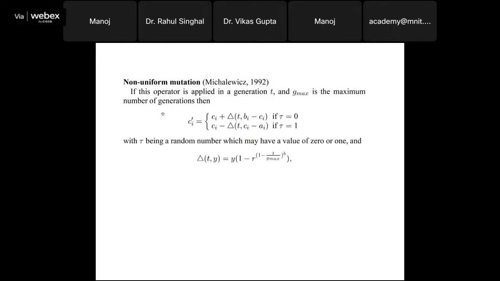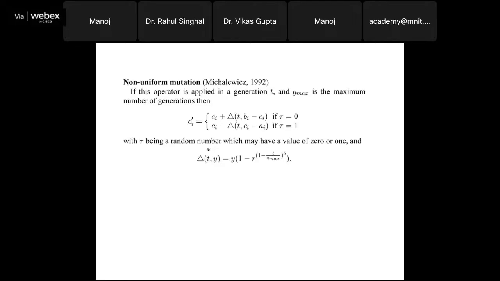A very fascinating idea came later on, where the extent of the perturbation was dependent upon the current generation. That means, depending upon how many generations have passed, the extent of variability or the change or perturbation would reduce.